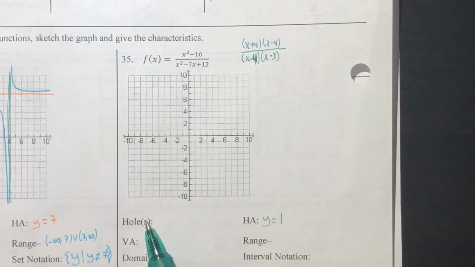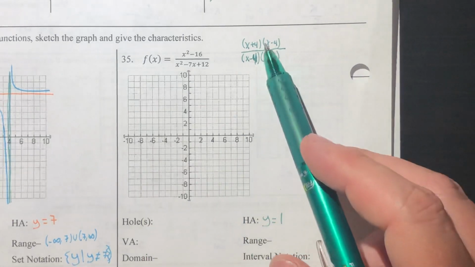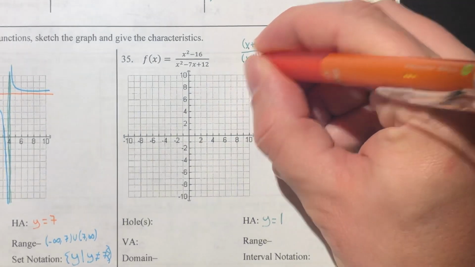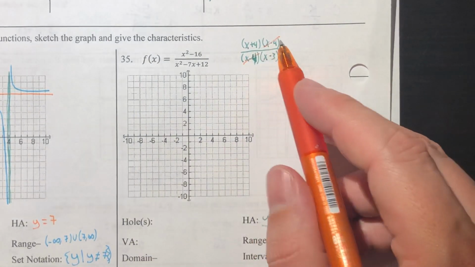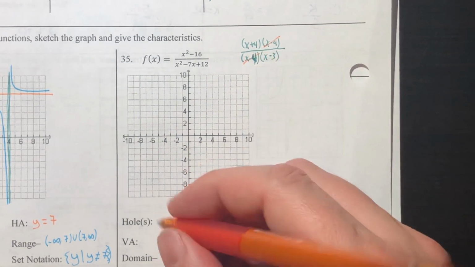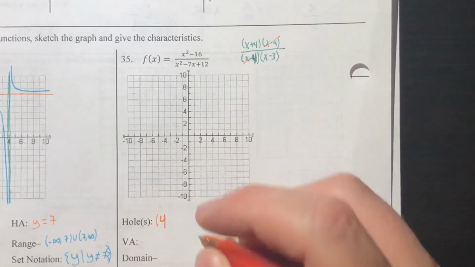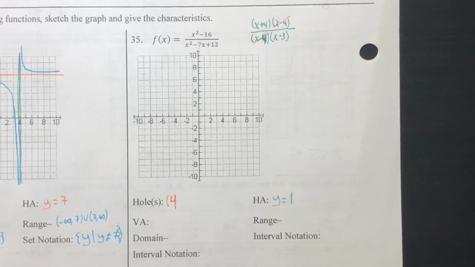A hole is what cancels out. Both of them have an x minus 4, so that's what's going to cancel out. And if x minus 4 equaled 0, then x would be 4. So the x value, my hole, is going to be 4.